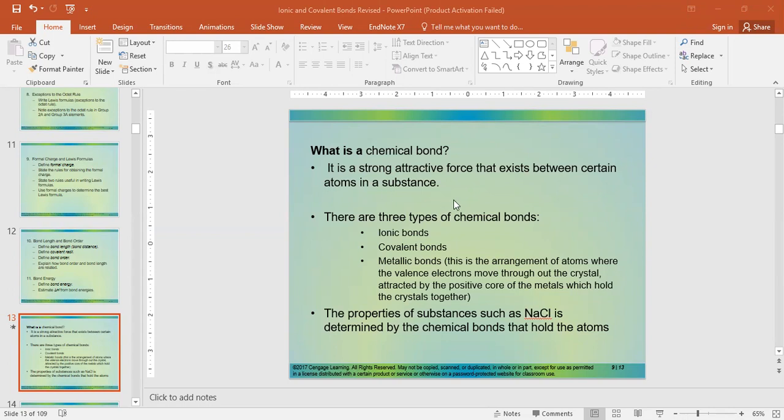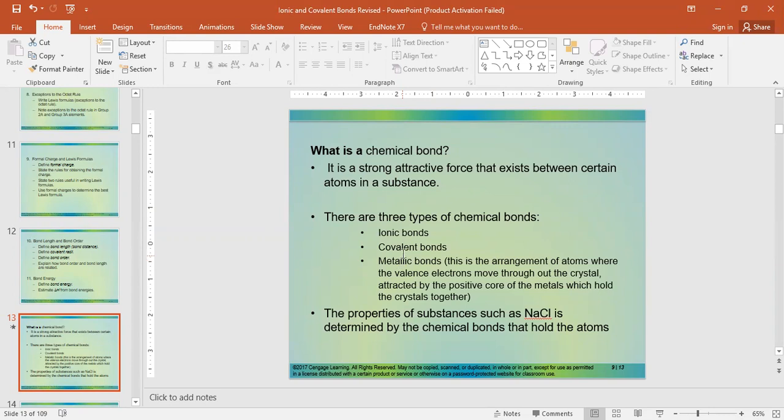Basically, we have three types of chemical bonds. These are the ionic bonds, and we'll spend some time talking about them. We also have covalent bonds, and metallic bonds. Those are the three main types of chemical bonds that exist.